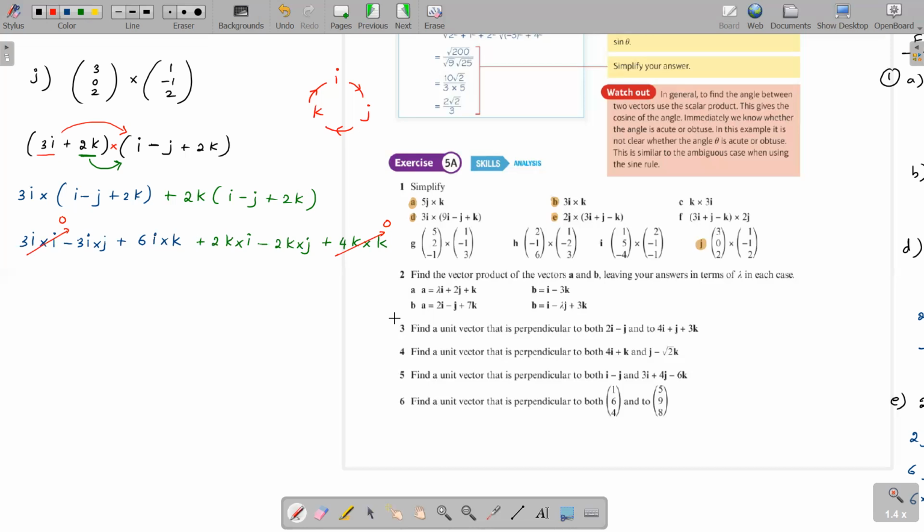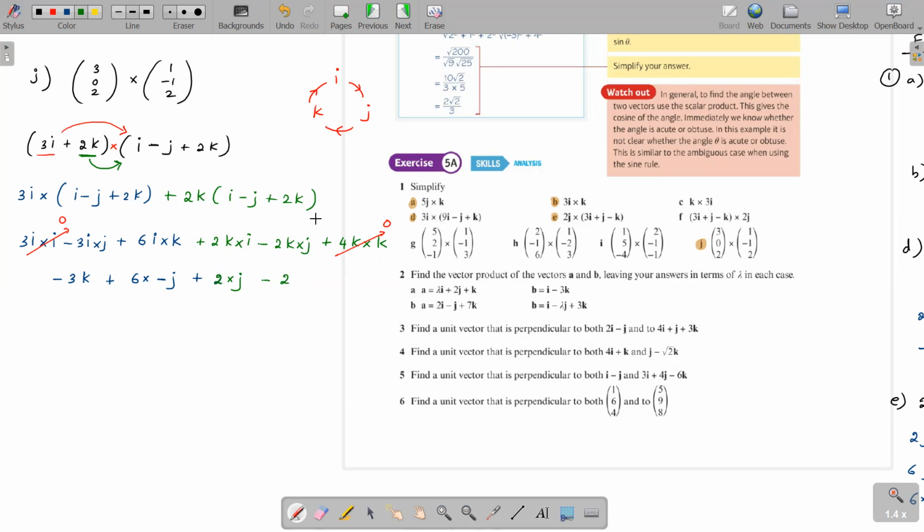Let's take i cross j, minus 3 i cross j is positive k, right? Then 6 times i cross k is going to the other side of the arrow, which means it's minus j. 2 times k cross i is directly j.